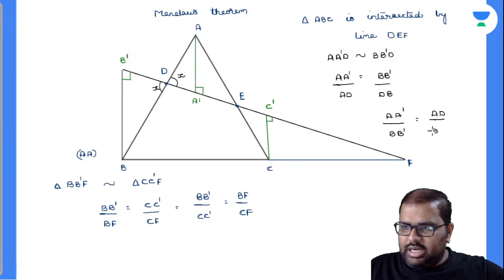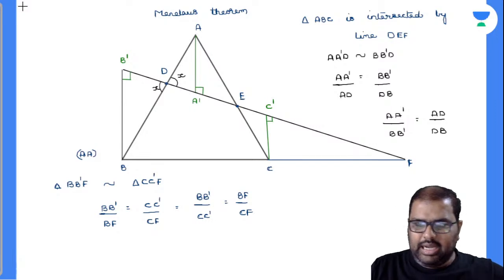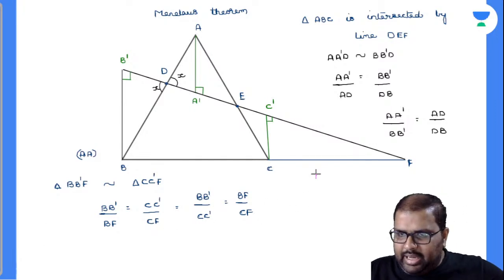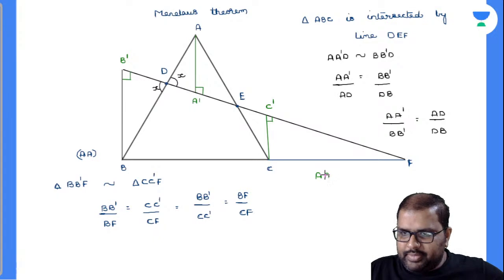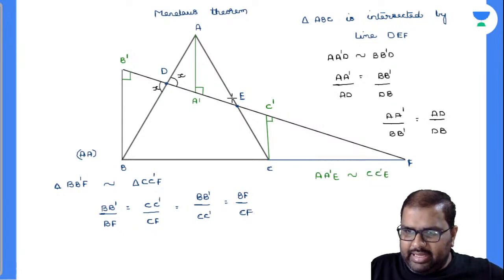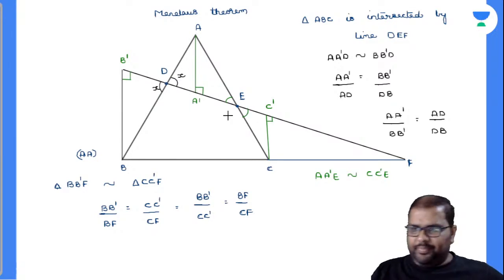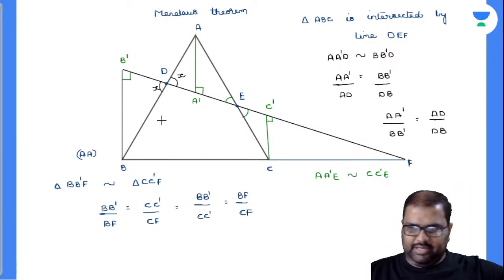Fine. I'll take down the last triangle also, AA dash E. AA dash E is similar to CC dash E. Am I right or wrong? Yes. Both have 90 degrees and a common angle, right? So vertically opposite angles will be equal, as two line segments are intersecting with each other.